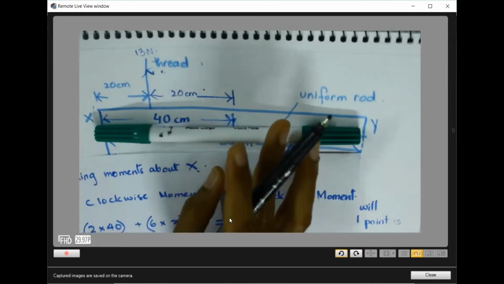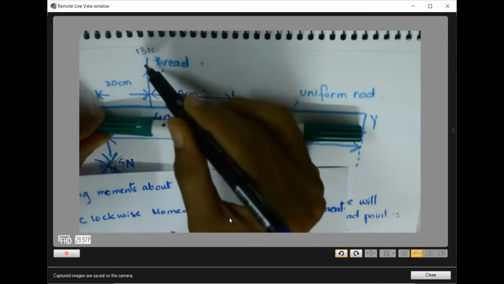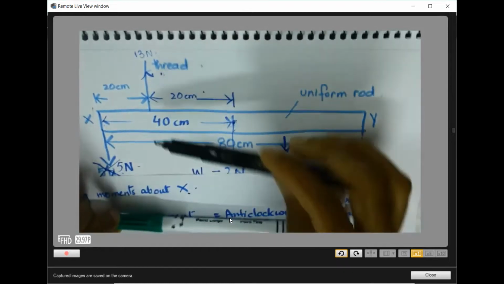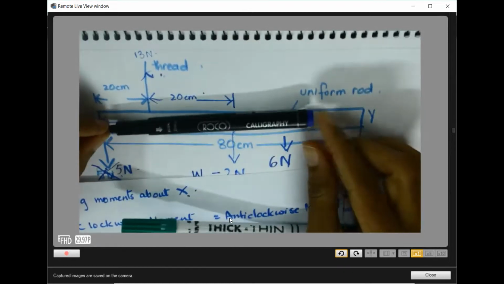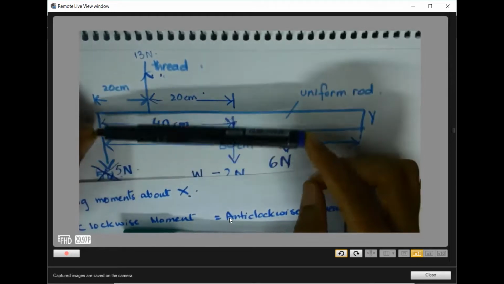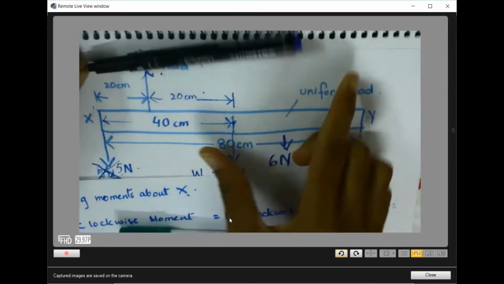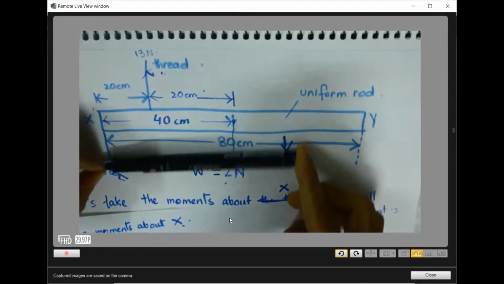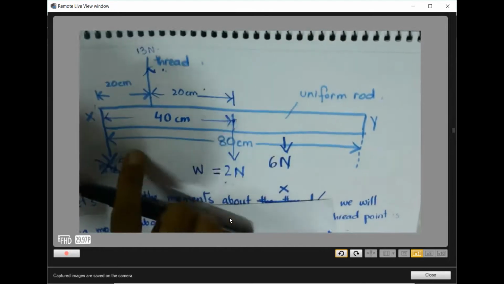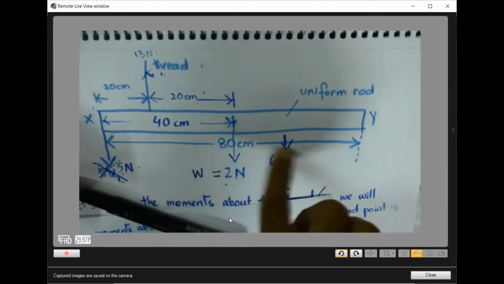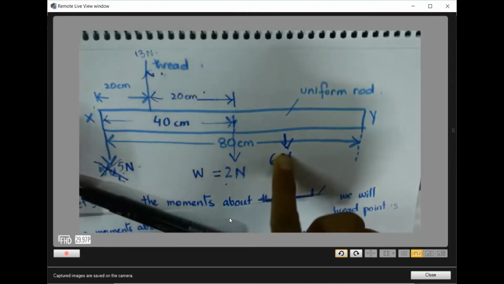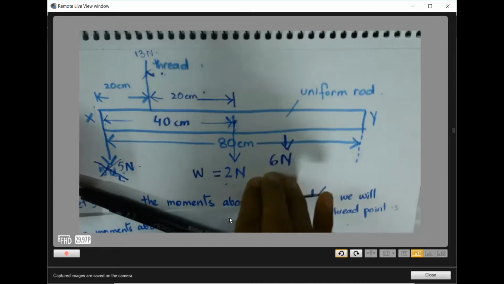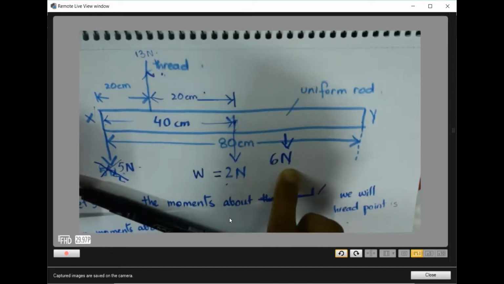Now, let's move on. This force. How did I get this force? I used the law of equilibrium, that total downward force is equal to the total upward force. I didn't know the upward force, but I knew the downward forces, so I added all of them up. I also added 6 Newton, because though I don't know its distance, I know it is downward and I know its magnitude, it's 6.